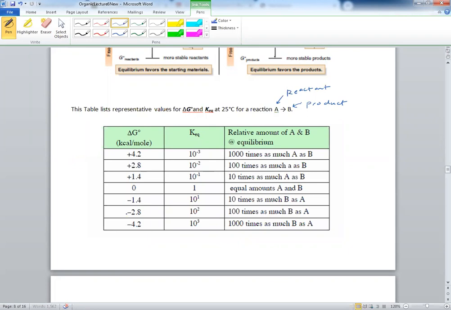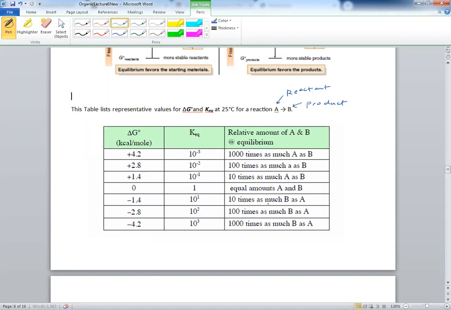So if you have now negative 2.8, so now you're going back up, that value is increasing, your KQ is changing. It is now 10 times less. So there's 1,000 here, now it's 100. This is now 100 times as much B as A. If you decrease it, it goes down 10 times.